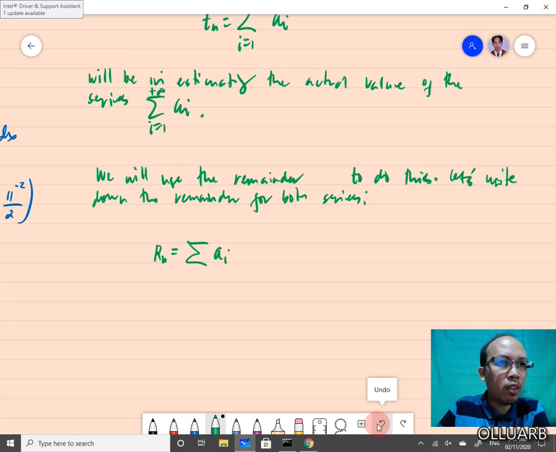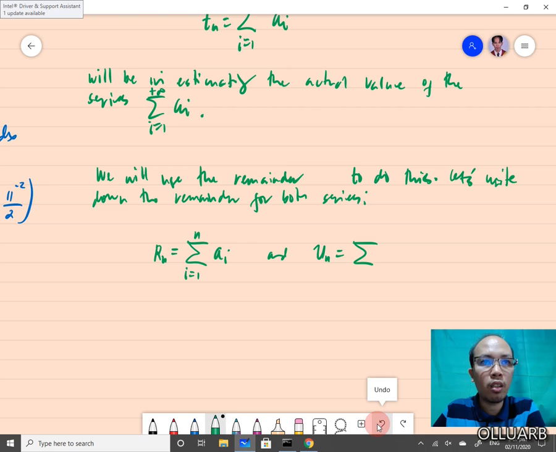The summation of a sub i, where i starts from 1 to n. So this one corresponds to the series a sub n. And then for the series b sub n, u sub n, summation of b sub i, where i starts from 1 to n.